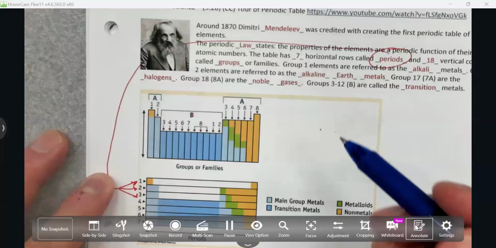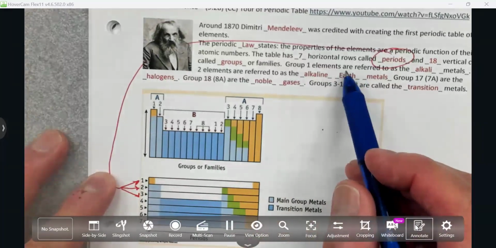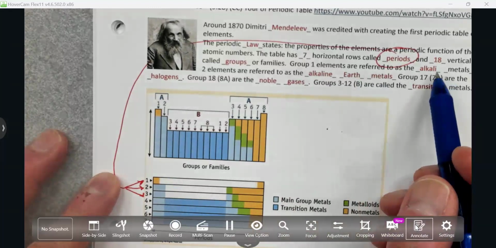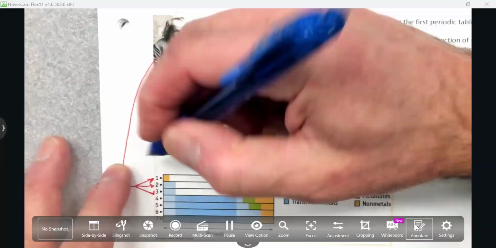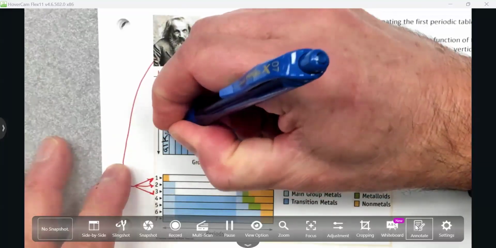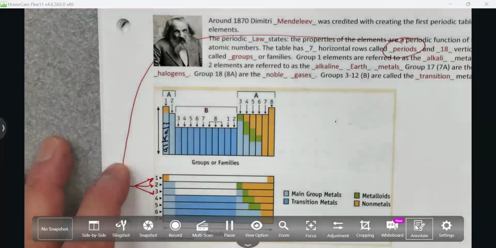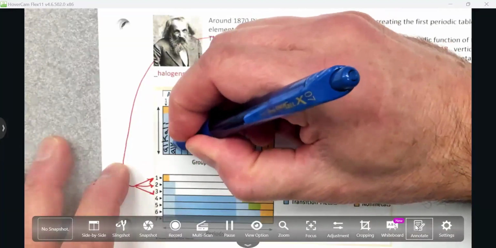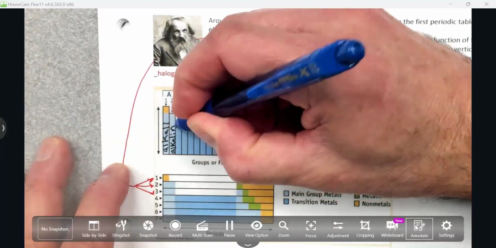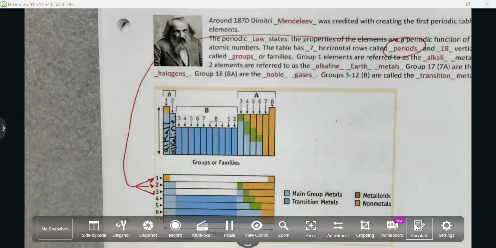Okay, these are 18 groups then, or families. Group 1 elements are referred to as the alkali metals. So we know group 1, alkali metals. Group 2, alkaline earth metals.